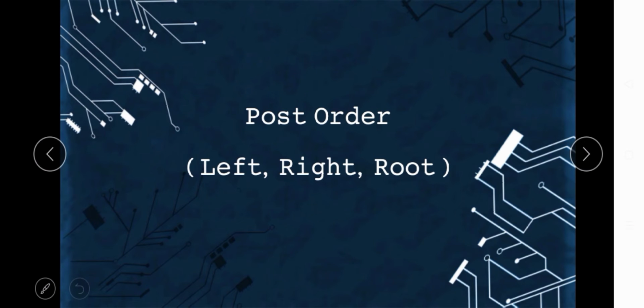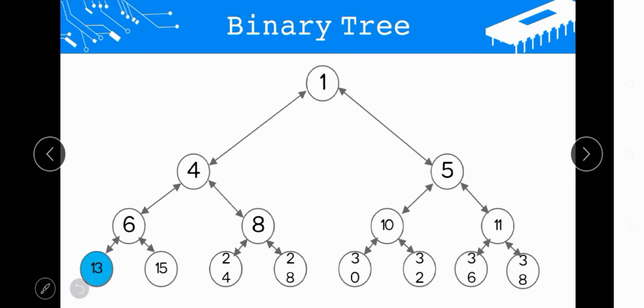The next one is the post-order, which is the left, right, and root rule. As the first principle, we will follow the left first. The first is 13, 15, 6, 4, 24, 28, and 8.